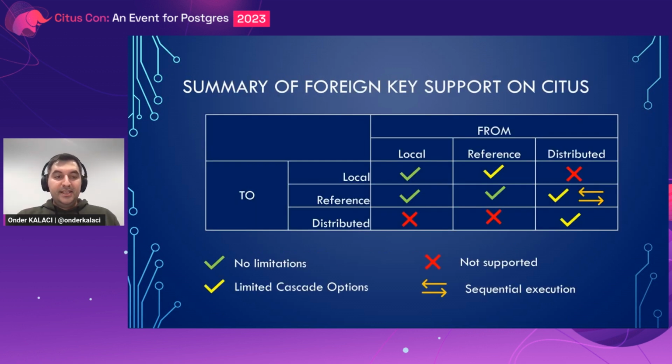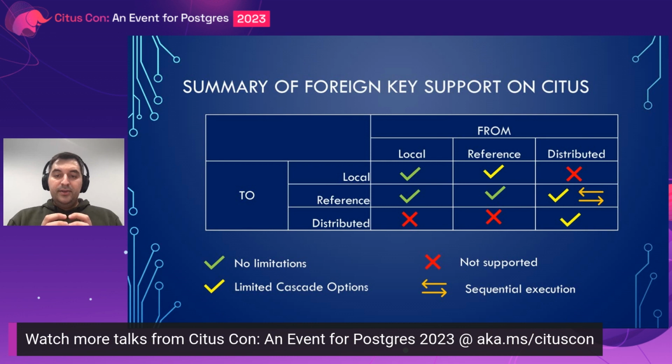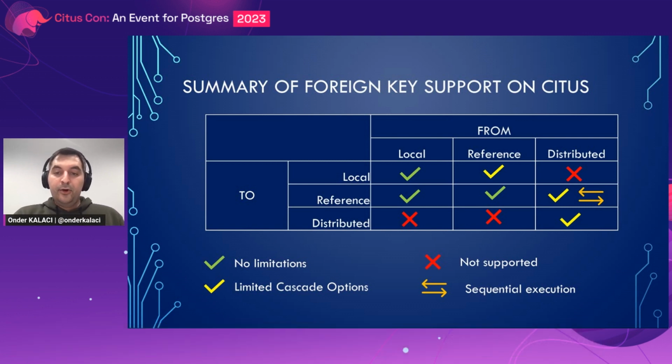Okay, so this is my last slide, which aims to summarize what I have described so far. Citus has 3 different table types, and there's really one way of using foreign keys in Citus, which is requiring the relevant data to be collocated on a single node. For example, from local to local is just a green tick, which is supported with everything.